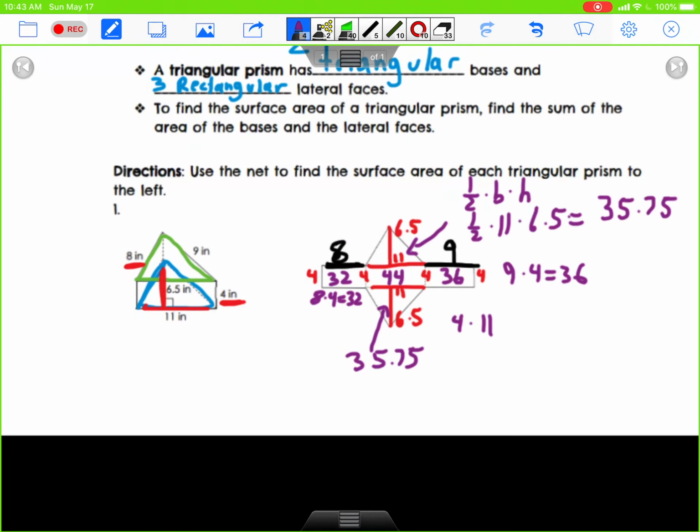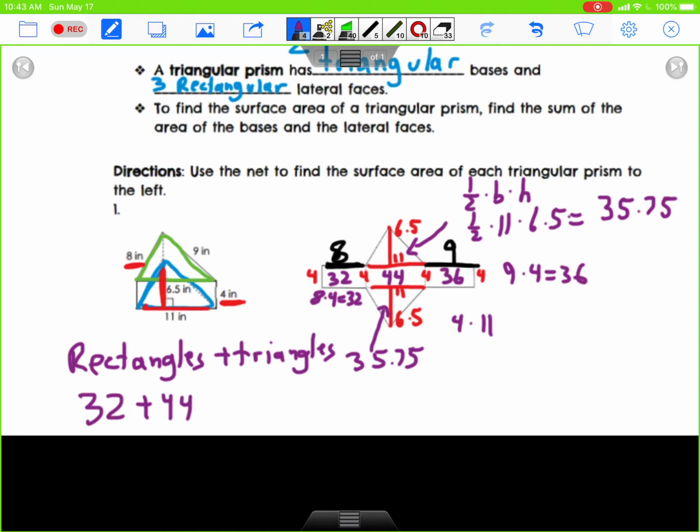Once you have all shapes and their areas, all you do is add them up at the end. So all my rectangles plus the triangles. We have 32 plus 44 plus 36 plus, oh, I keep saying 37, 35.75 plus 35.75.